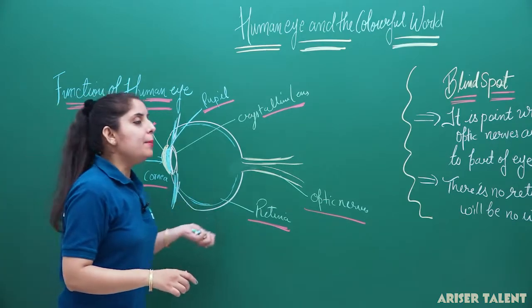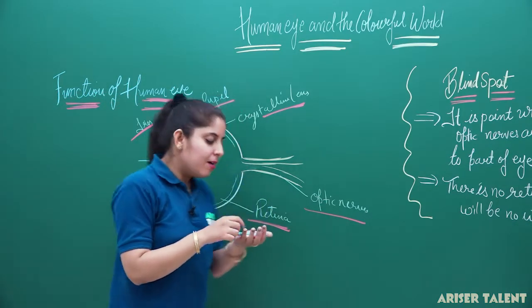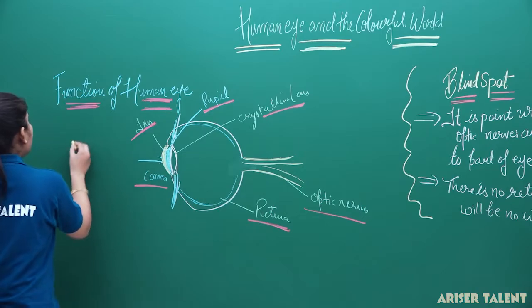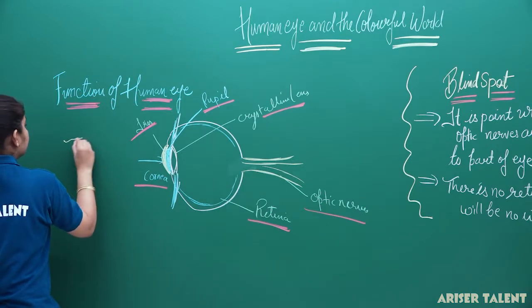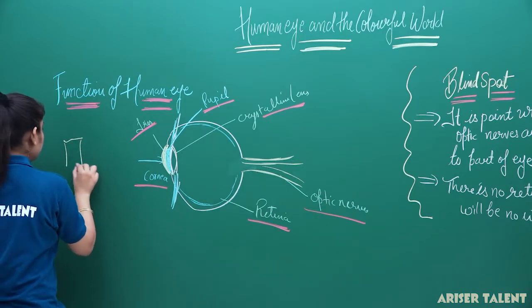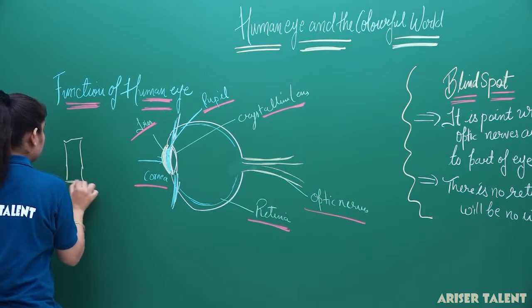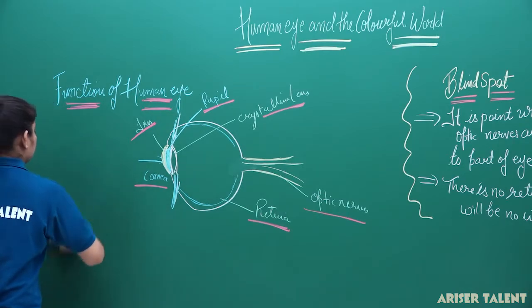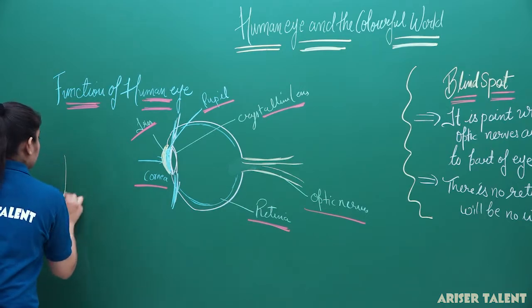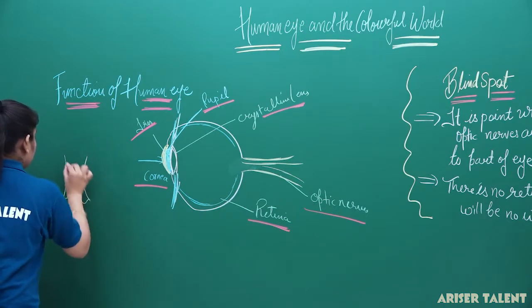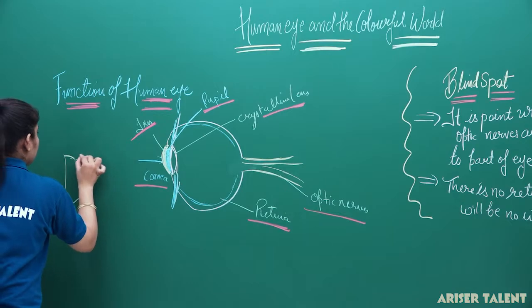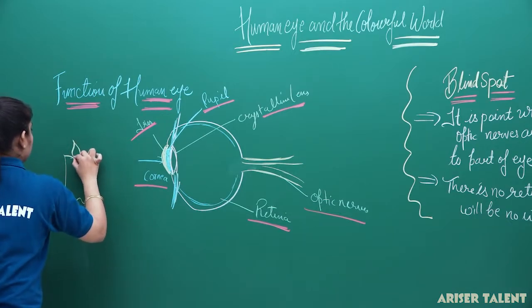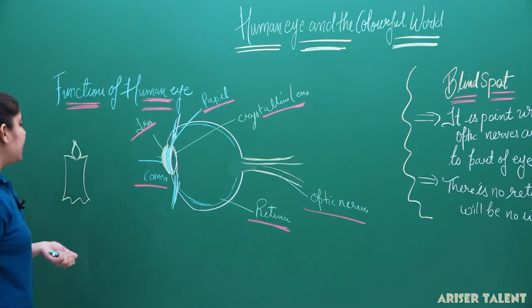Now, how is the image going to be formed on the retina? Let's see here. Suppose I am taking an object here. This is the object I have taken.